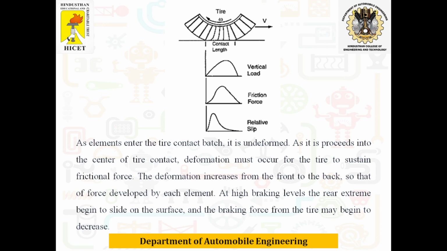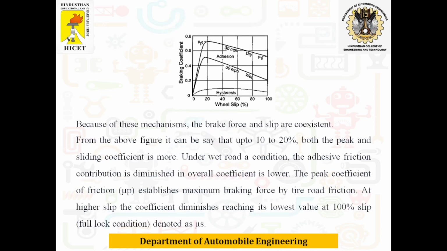At high braking levels, the rear extreme begins to slide on the surface and the braking force from the tire may begin to decrease. The graph clearly shows the braking coefficient decreases when the slip of the wheel is increased.